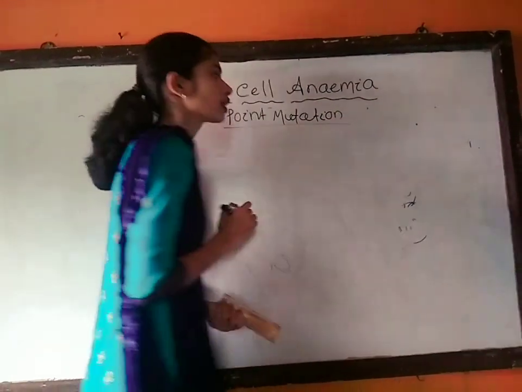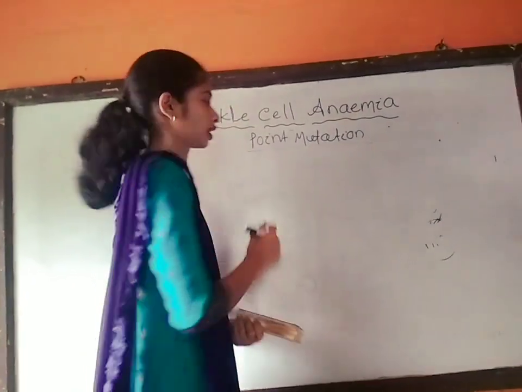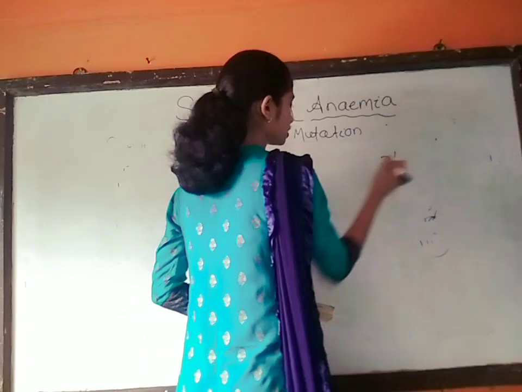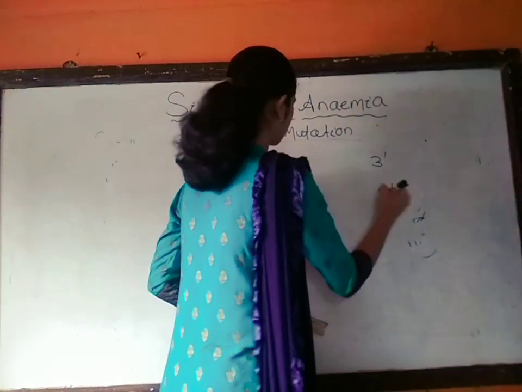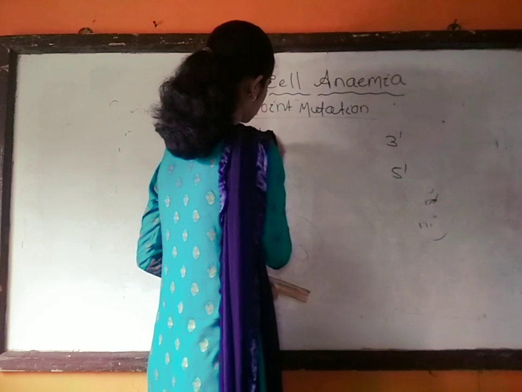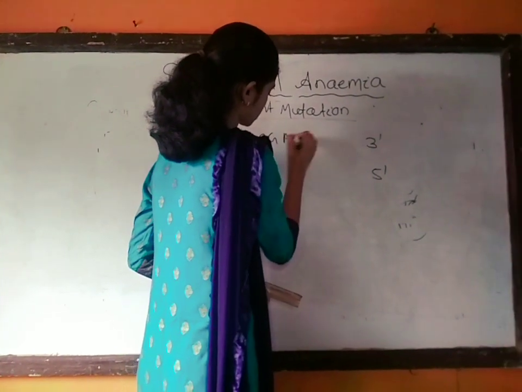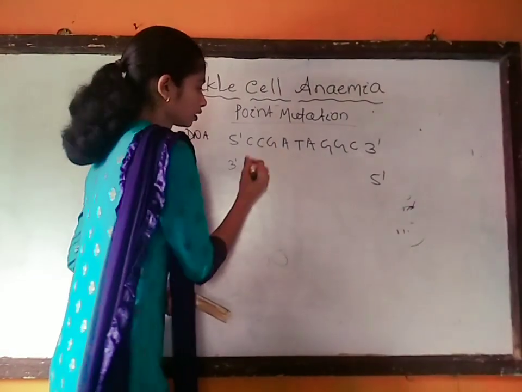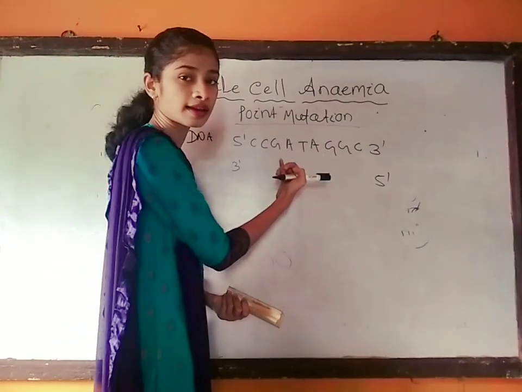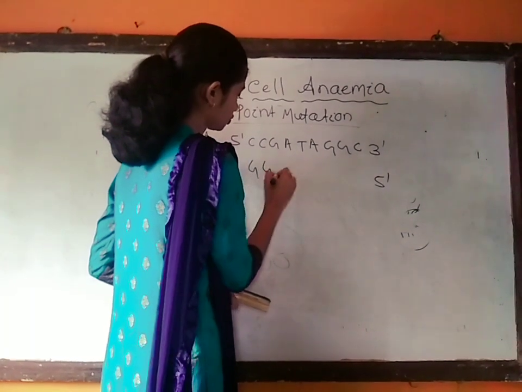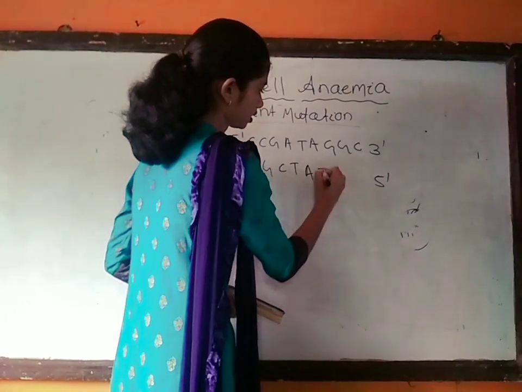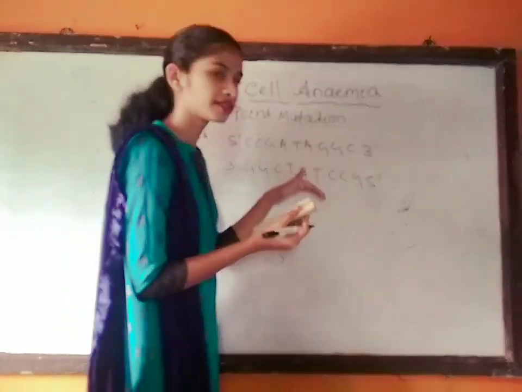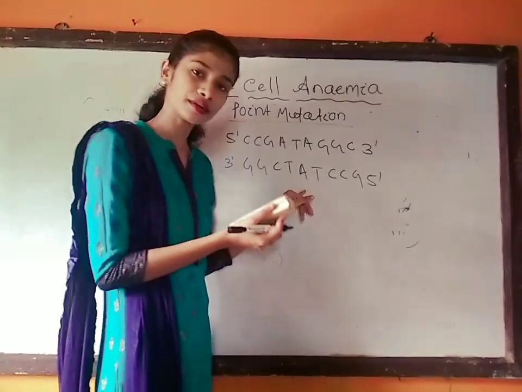If we take a DNA strand, 5' to 3' and 3' to 5', here the nucleotide bases come. Then the complementary strand will be produced, like G, G, C, T, A, T, C, C, G. It is the complementary strand, the opposite.